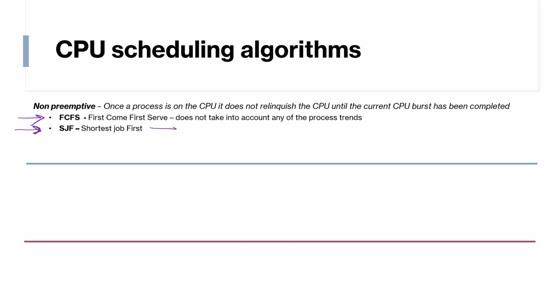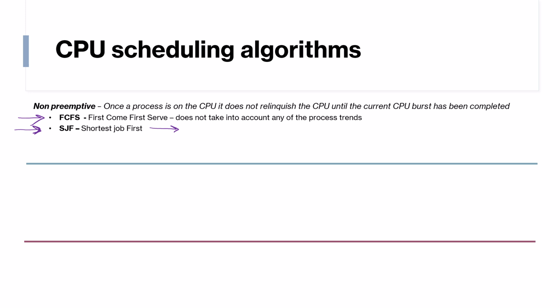One thing you need to note is that processes do not have anything in their context that indicates how long their CPU burst is. So a process doesn't get admitted into the system and automatically know, oh, I'm in the system, my CPU burst is 5 time units.